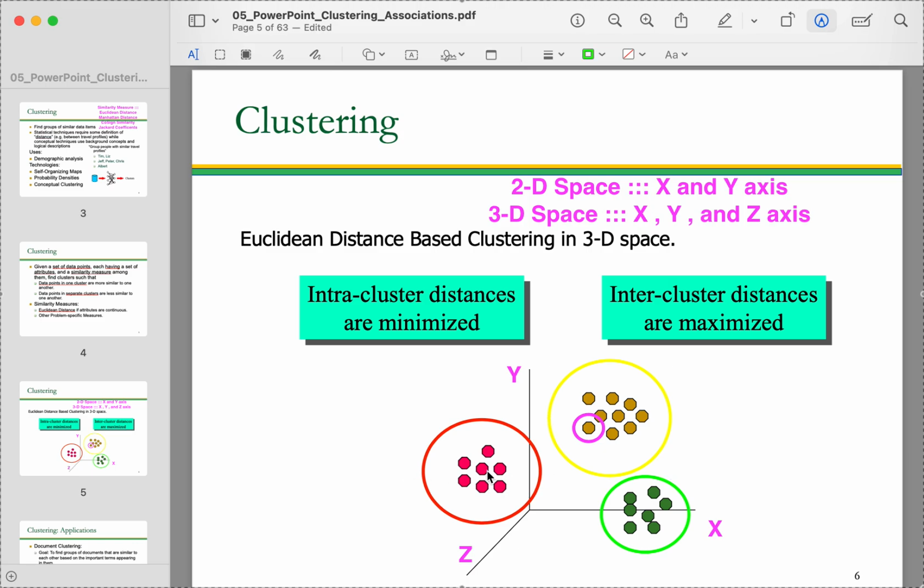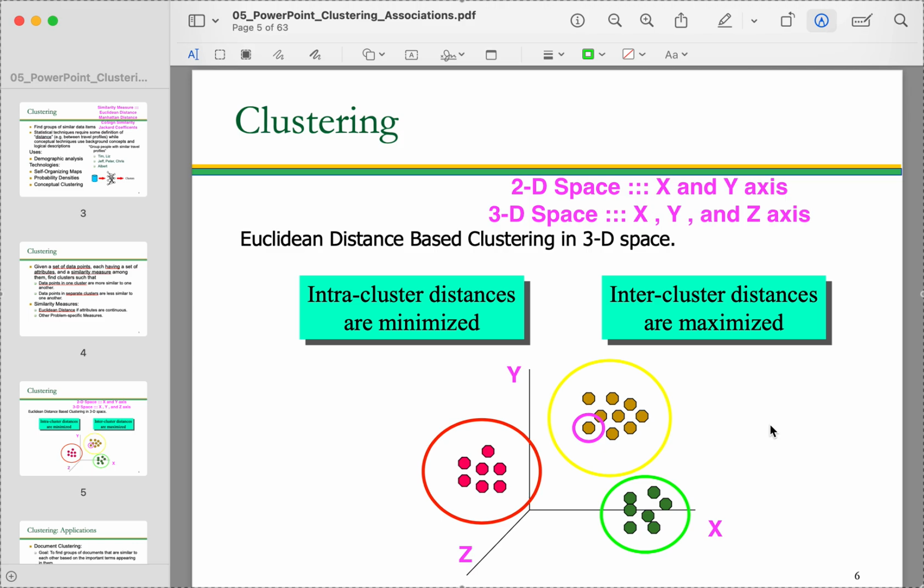The distance between the red cluster to the yellow cluster should be as big as possible. The distance from the red cluster to the green cluster should be as big as possible. This allows us to create well-separated clusters.